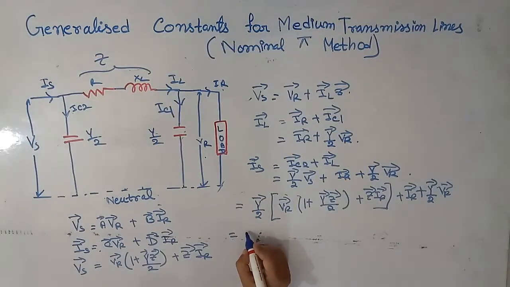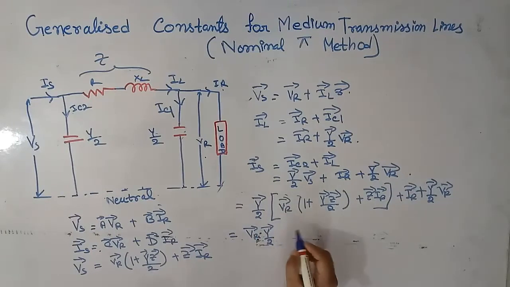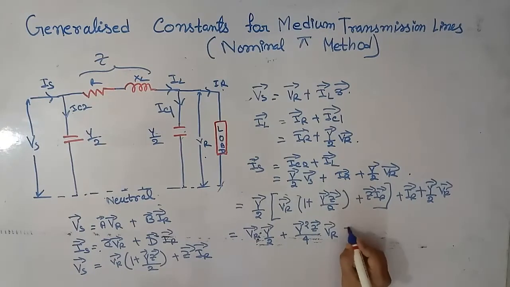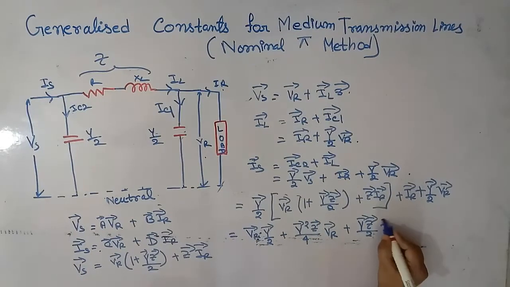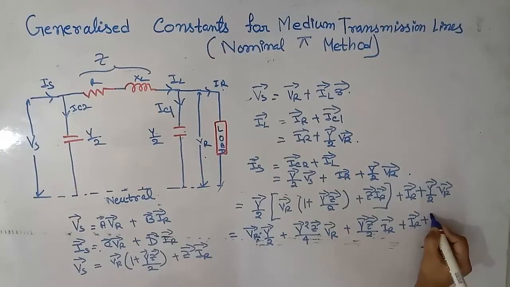Now simplify it. VR Y by 2 plus Y square Z by 4 VR plus YZ by 2 IR plus IR plus Y by 2 VR.